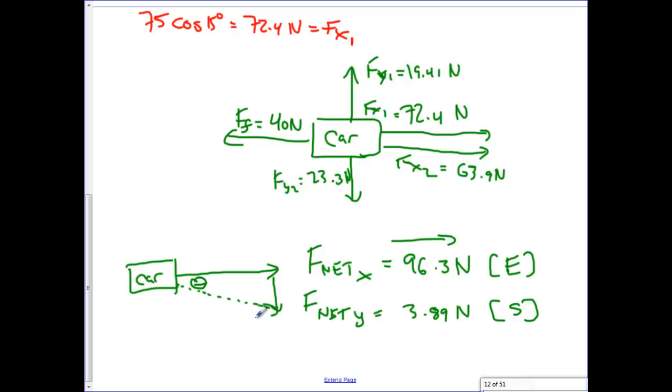Hopefully you're seeing a lot of similarities to what we did last unit. Would you use the final net force in the x direction for the y? Yep. We've done this quite a few times now, haven't we? So find me the hypotenuse, because that's the actual strength the car is going in that direction, and then inverse tan to find the angle it's going at.